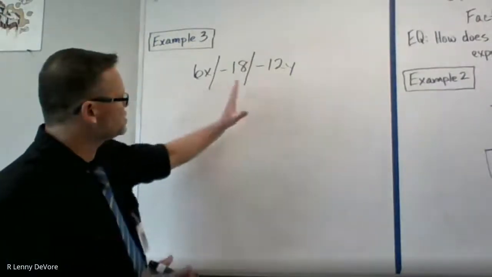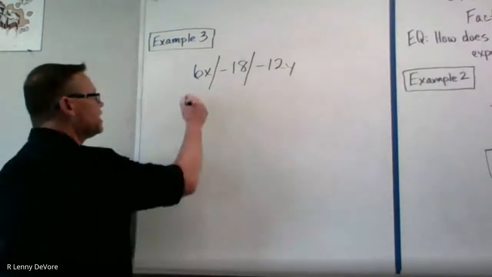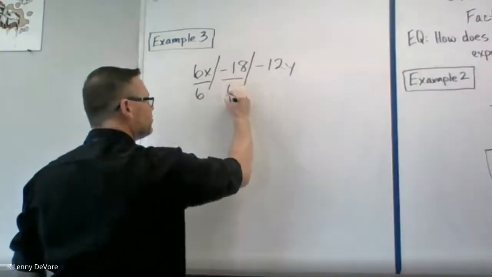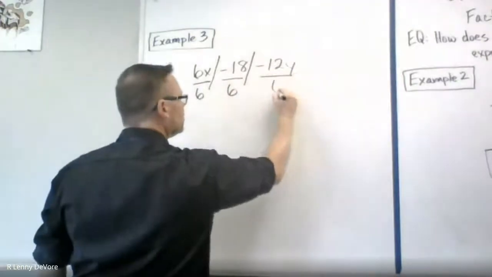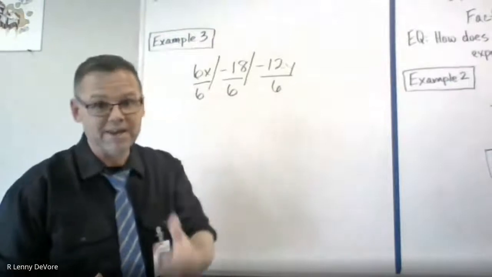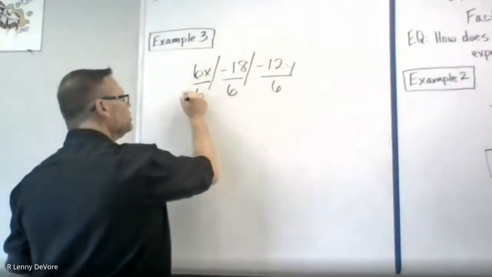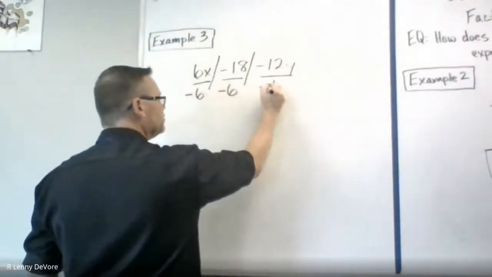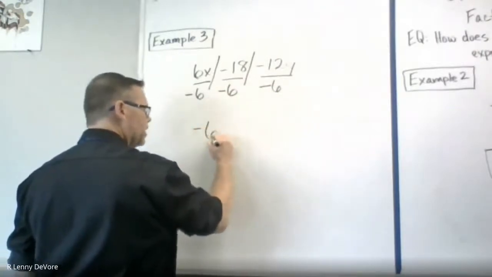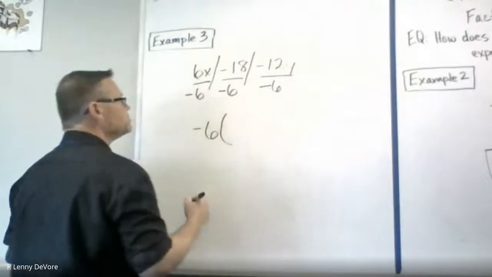Now, when I look at this, the first thing I see is that I can divide each one of these by 6. However, the problem in example 3 wants you to divide by a negative factor, so I'm going to go negative on each one of these. Okay, so that means this number is what comes out on the outside. Then I'm going to put a parenthesis.